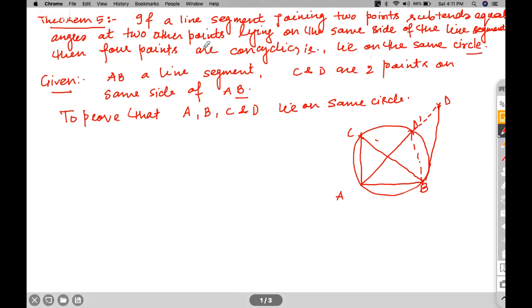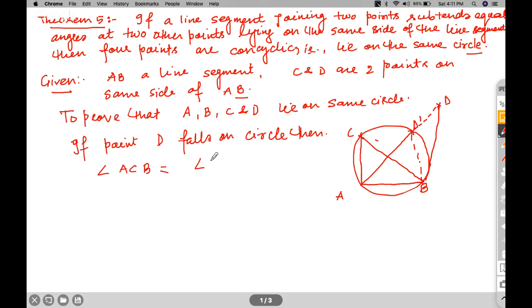So what I do is, if point D falls on circle, then angle ACB is equal to angle ADB.